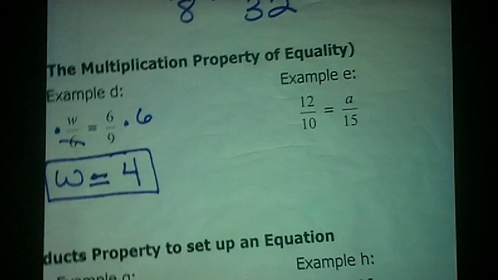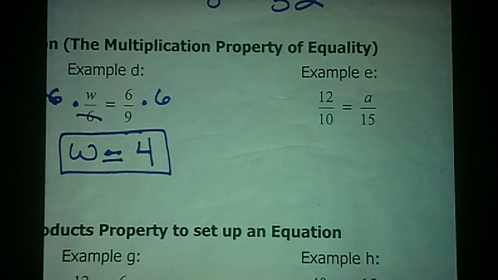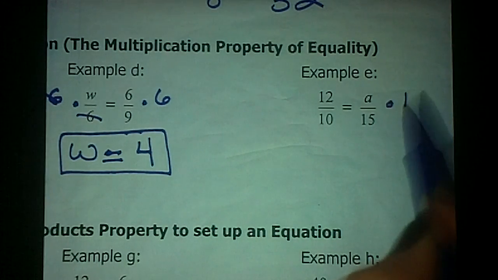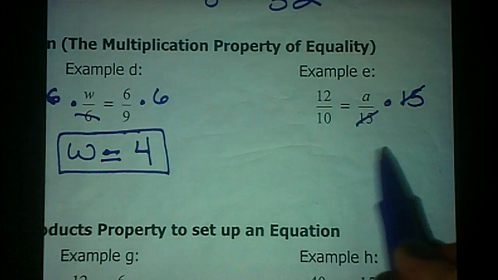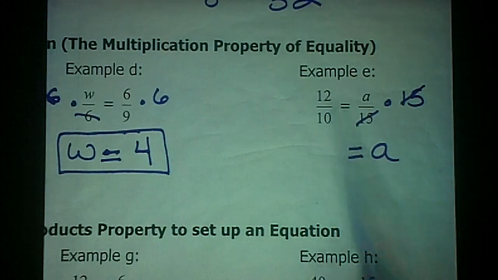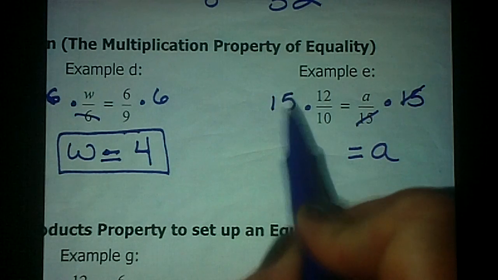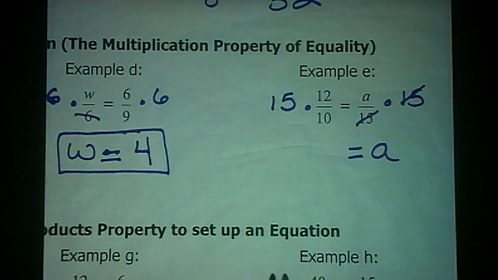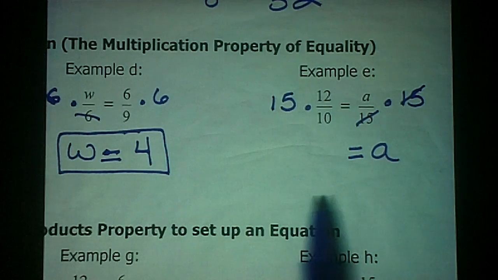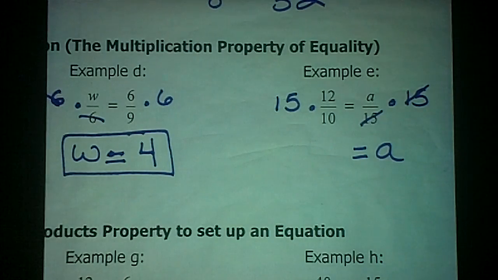Last one like this. We want to get rid of this 15, so we're going to multiply everything by 15. So I'm left with just an A. Over here, I'm going to multiply the other side by 15. Do your math. Of course, this is the one that I didn't work out.